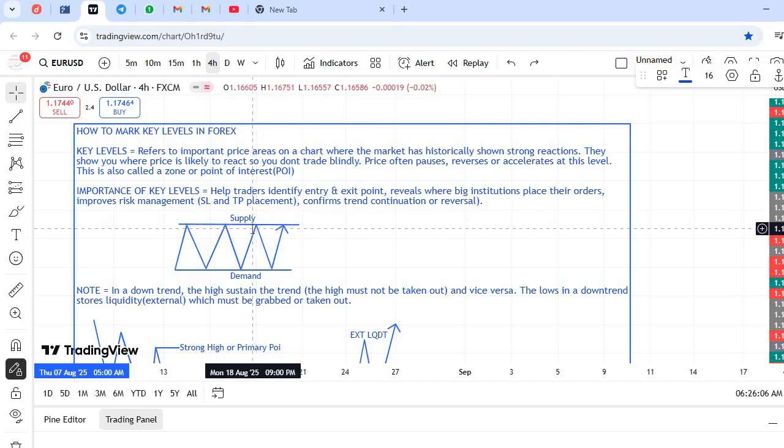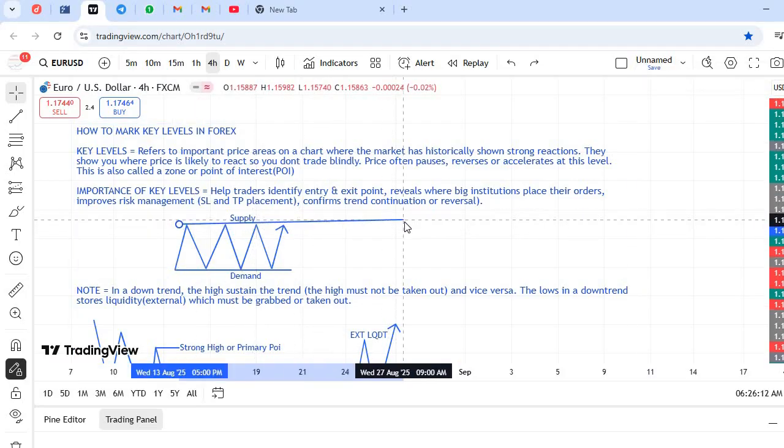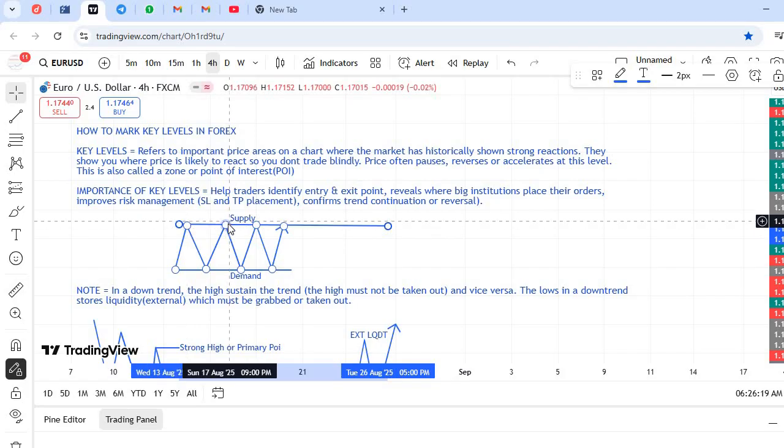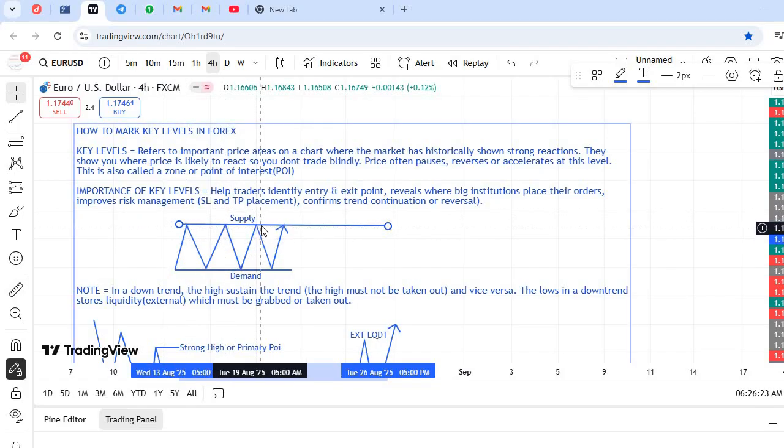You are drawing it out anticipating that since price has tested it once and twice previously, it might likely come back to test it again in the future. Can you see? Price came the third time, tested it and bounced back. So as price has tested this level and is bouncing back, you are looking for a selling opportunity.